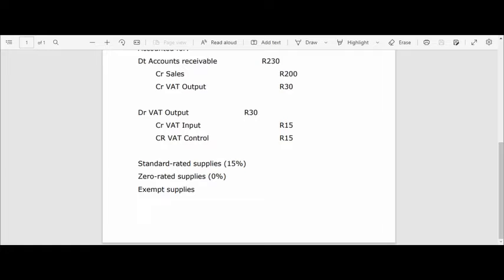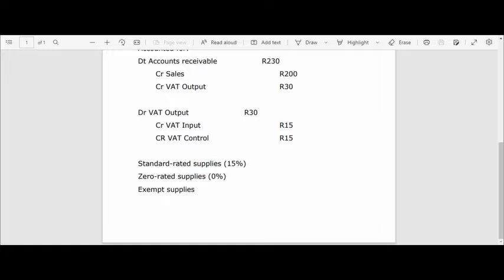And then you will type in there, ladies and gentlemen, you'll type in the consideration, and this is a taxable supply. When you do this entry on Sage 1, you have the option to change it. You can, if it's normally a standard rated supply, but this one happens to be zero rated, then you can change it while you are entering this transaction. So you will there say, let's say my total consideration for the sale was 230 rands, right?